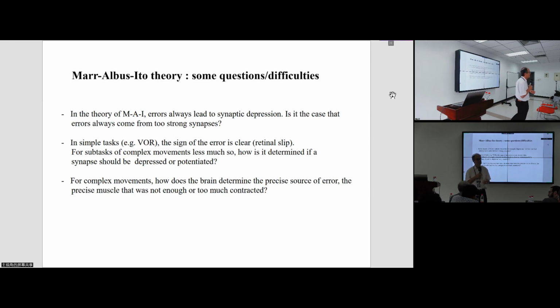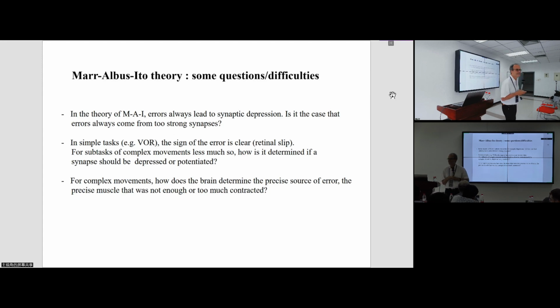If you want to get the right movement, you should correct at the right place. You cannot correct somewhere else. That's just what I meant, nothing fancy.